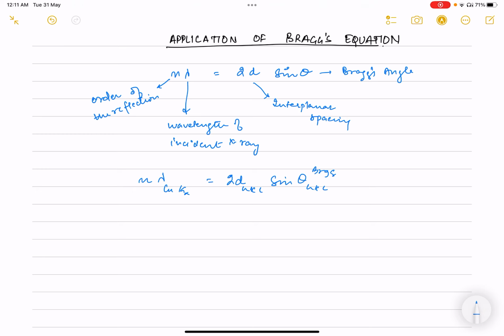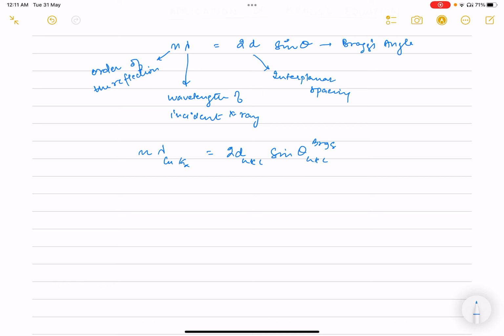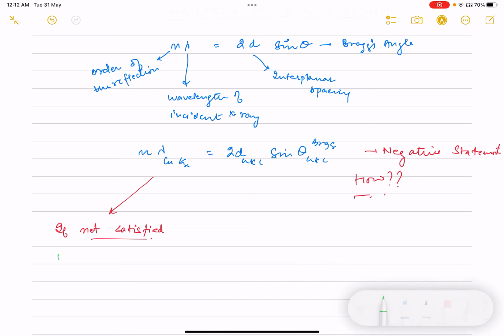So this Bragg's equation is actually a negative statement. How? If not satisfied, no reflection can occur. If this is not satisfied, no reflection occurs.